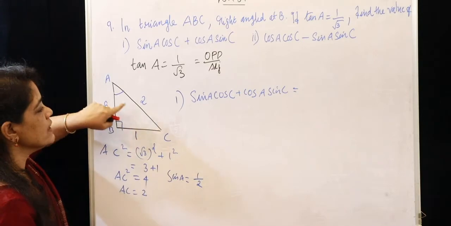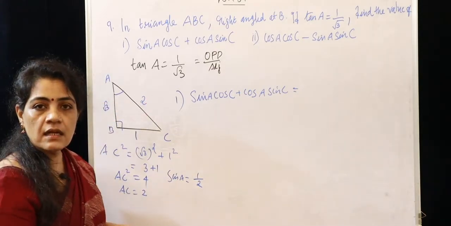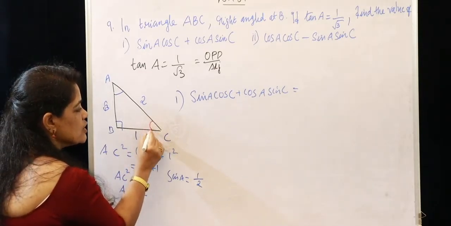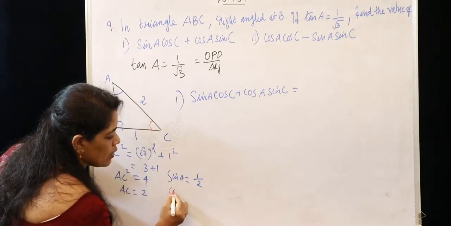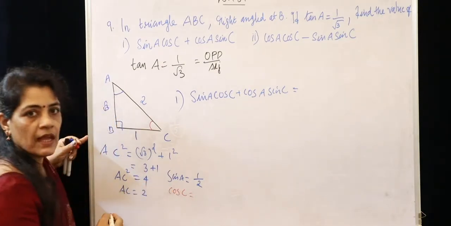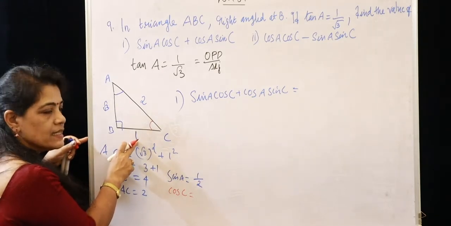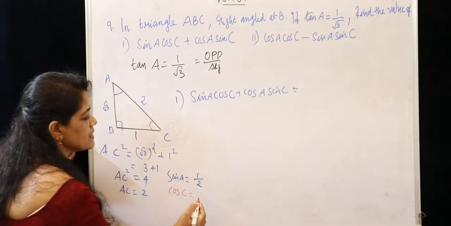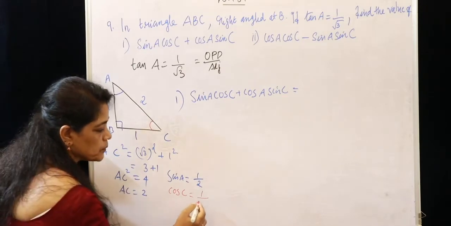Okay, and what is cos C? With respect to angle C, see children, cos C is the adjacent side of angle C, that is BC, divided by hypotenuse, that is 2.